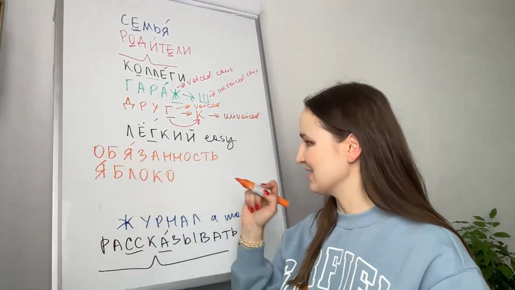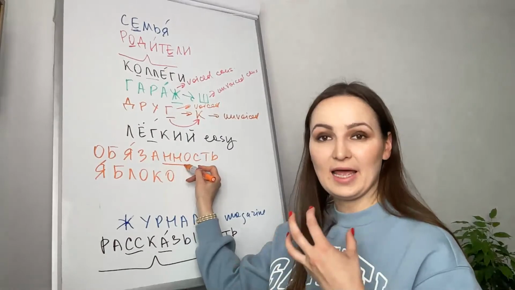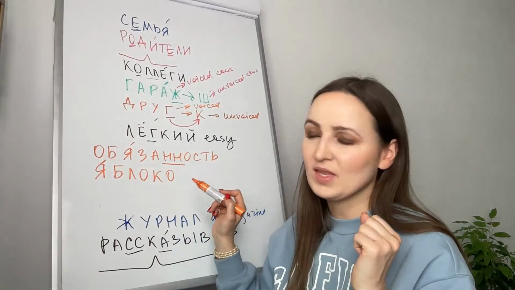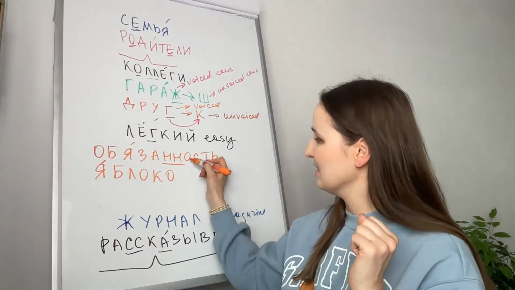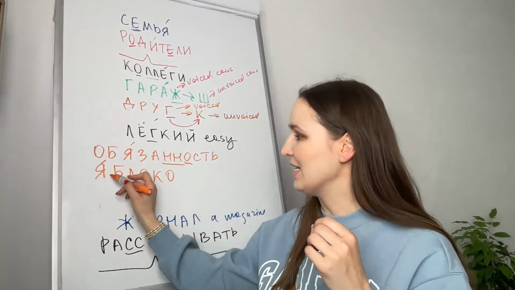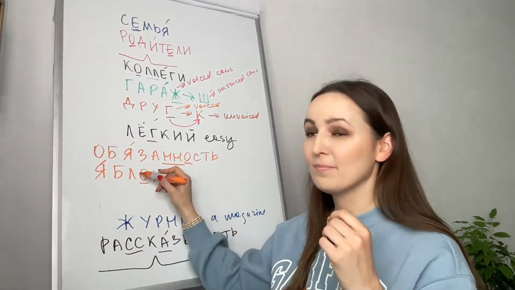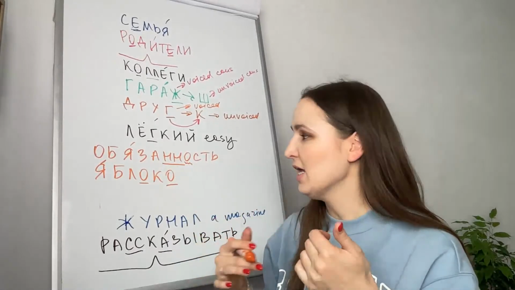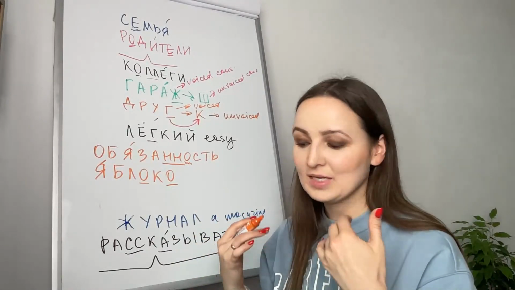Яблоко, обязанность. Here double N, pronounce it a little bit longer. Here A is not stressed, so pronounce it as A. Not stressed O's will be pronounced as A. Yablaka.